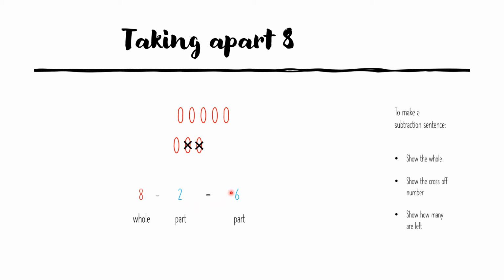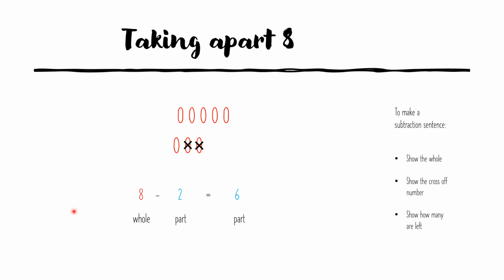And then finally, we want to be able to record how many circles are left. How many circles are left, kindergarten? Let's count. 1, 2, 3, 4, 5, 6. There are 6 circles left. Kiss your brain. You did a great job with that equation.